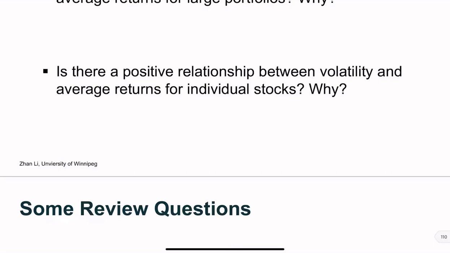So for a single stock, volatility is not a correct measure for systematic risk. So we should not observe a positive relationship between volatility and returns for individual stocks.